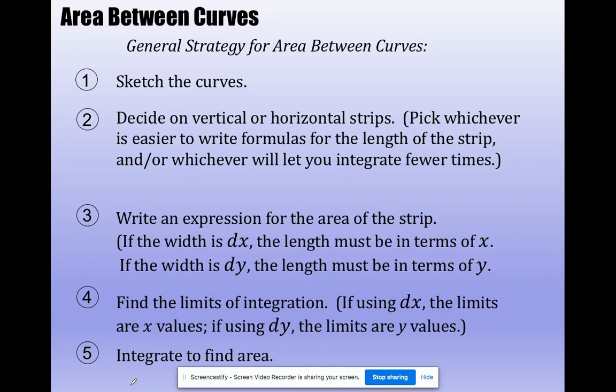If the functions are more complicated, you'll have your calculator. But make sure to adjust your window so you can see the area you want. Then this is your thinking step.